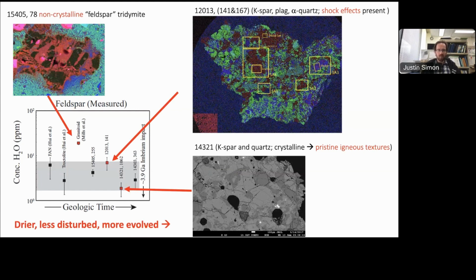So there does seem to be two trends. Of course, there are only 3 data points for each trend. But there seems to be a direct correlation between volatile content and deformation or impact structures.